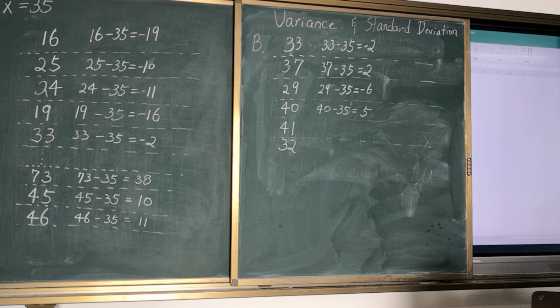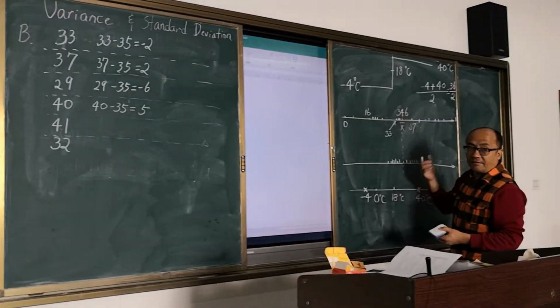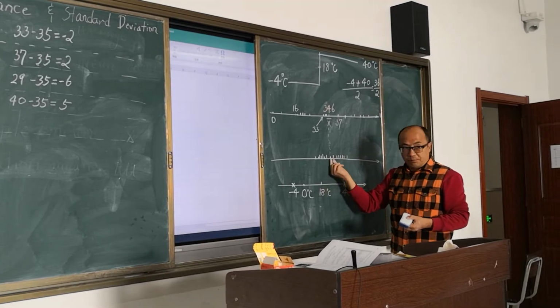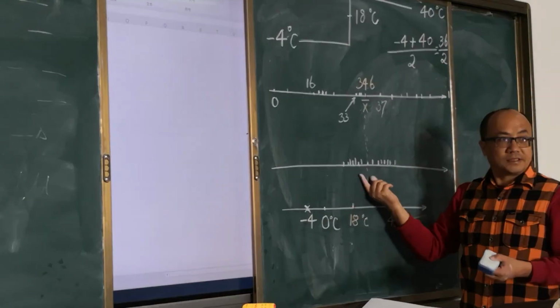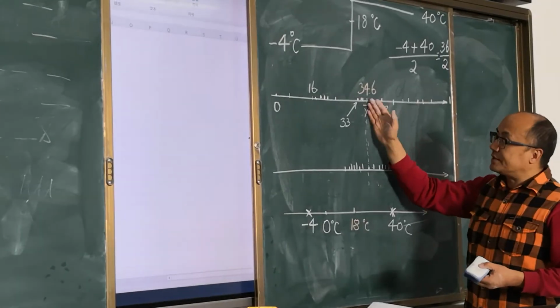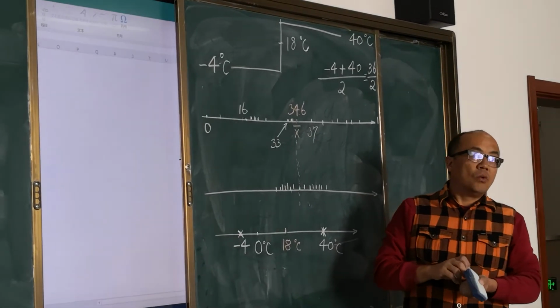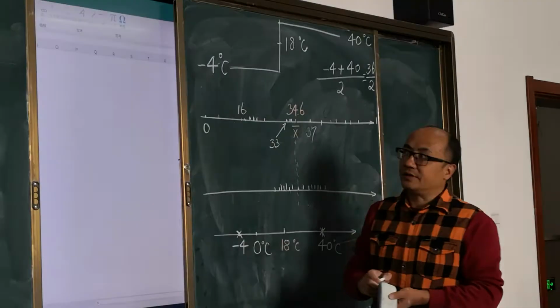We don't care whether it is above or below, we just add the absolute values, the distances, and calculate the average distance. The distance here to the mean is small, as you can see. The average distance to the mean is large. One way is to do that.